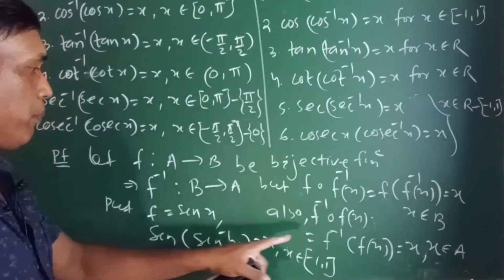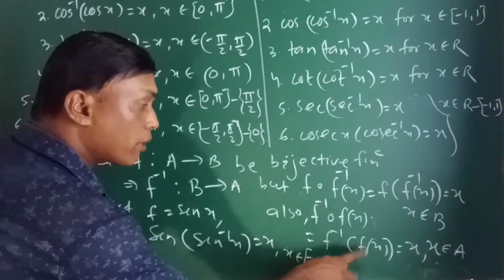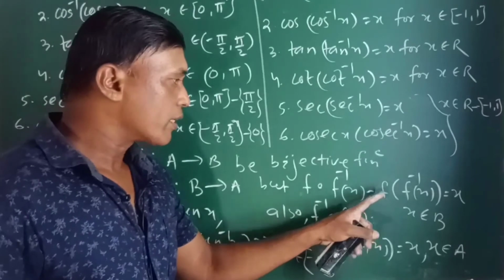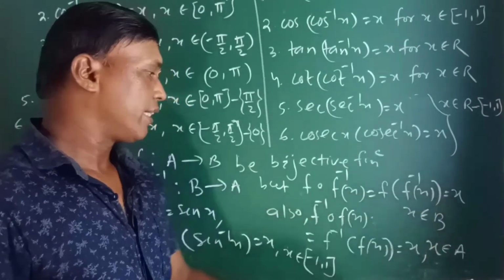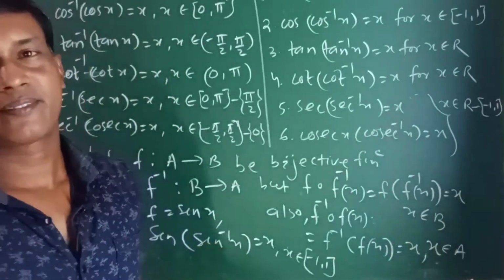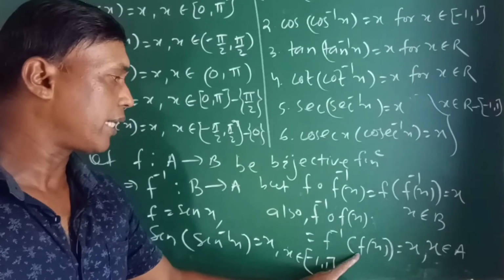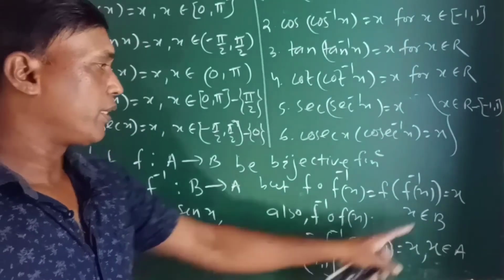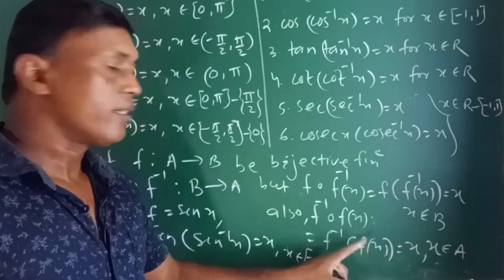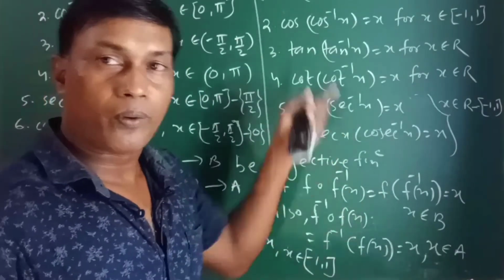Similarly, if you put it the other way, sin inverse of sin x is x. Sin of sin inverse x and sin inverse of sin x are both x. But here x belongs to the domain of sin inverse, and there x belongs to the domain of sin. So this is the proof of all this.